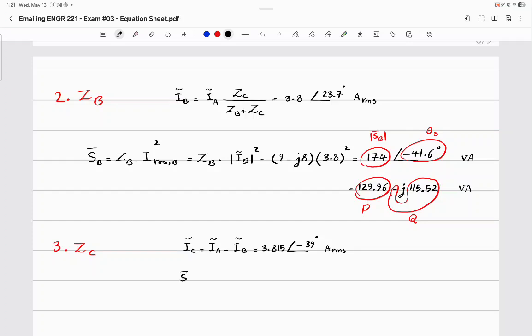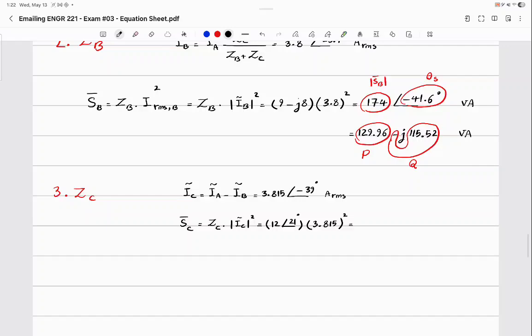And then SZC or SC is equal to ZC dot IC tilde magnitude squared, which is equal to 21 degrees, 3.815 squared. Okay, next. Yes, John. 21 degrees? Yes, 21 degrees.